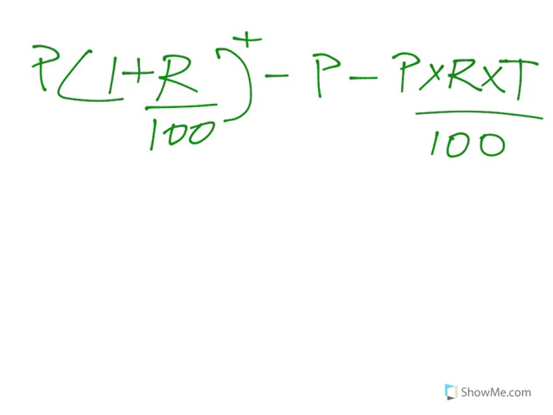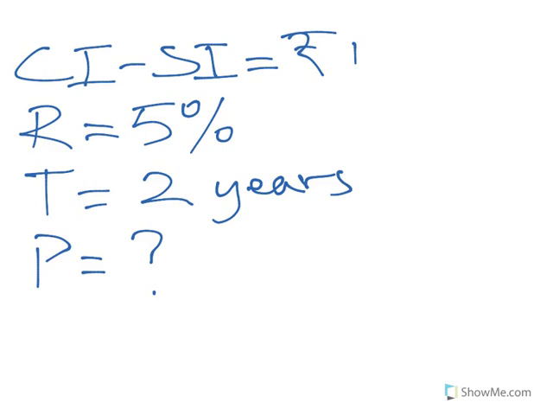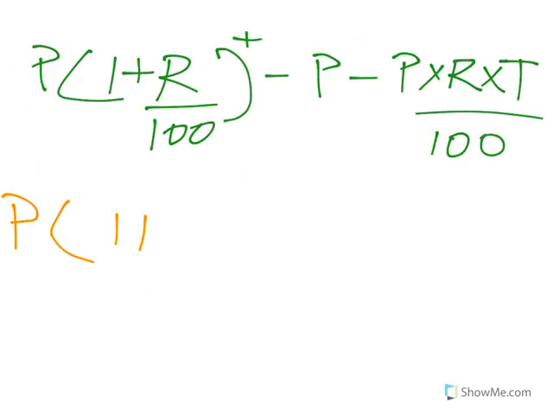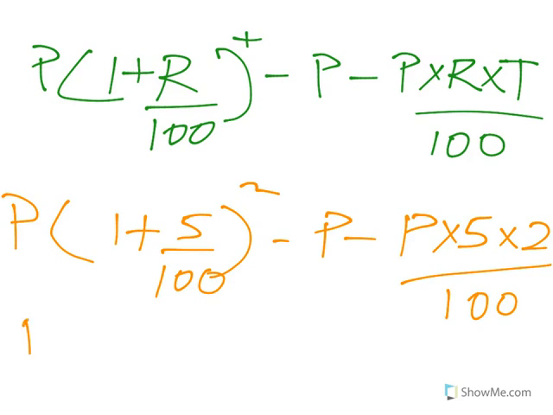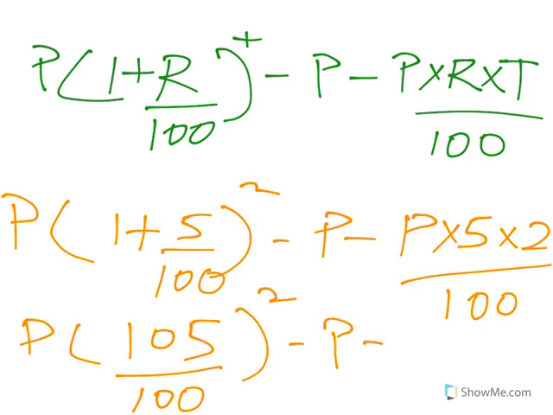We've got to find that, so I'll leave that here for now. My rate is 5, so 1 plus 5 by 100. Time is 2, minus P times 5 times 2 by 100. Okay, let's do this quick. P times 105 by 100 squared minus P times 10 by 100.